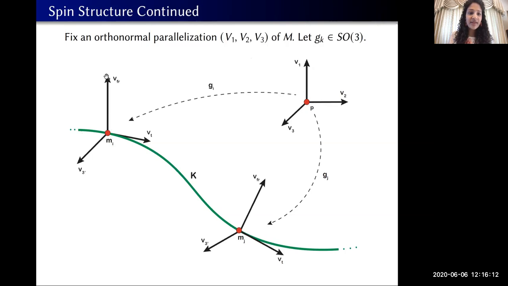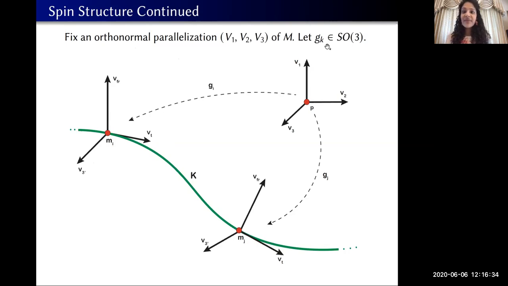Then VFR is the framing vector. This vector VT determines the direction of travel along the knot. And then V3 prime is the unique vector which is orthonormal to both of these vectors. These 3 vectors V1, V2, V3 are orthonormal because we consider an orthonormal parallelization.